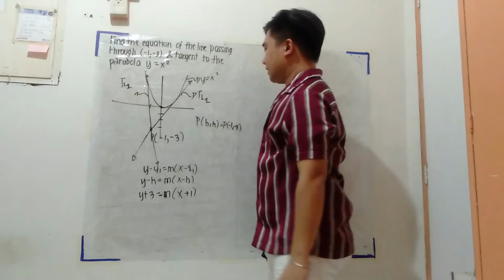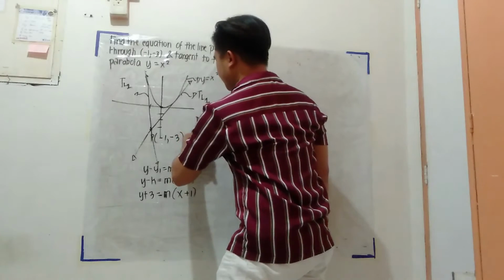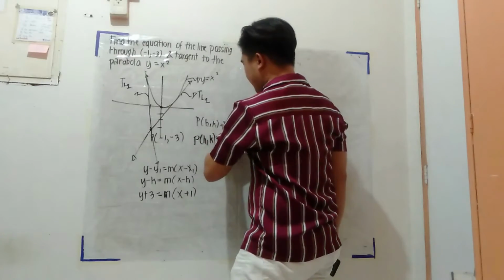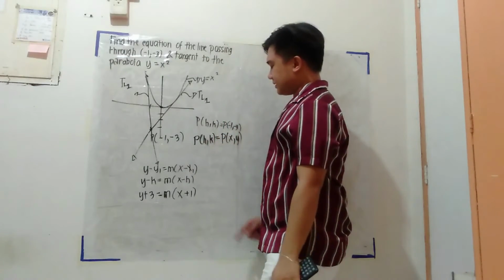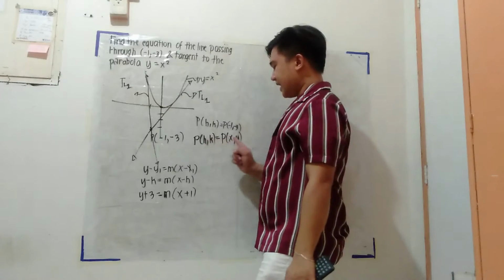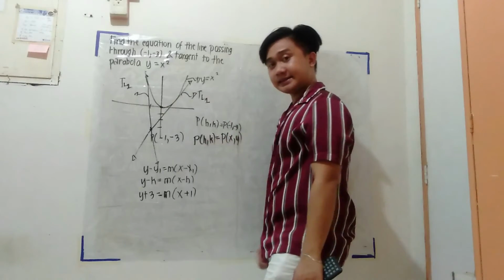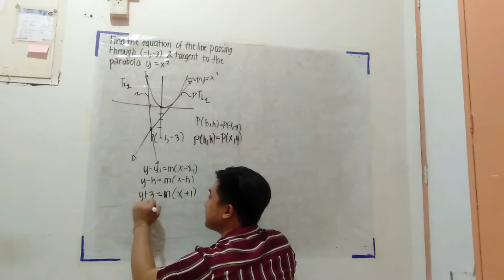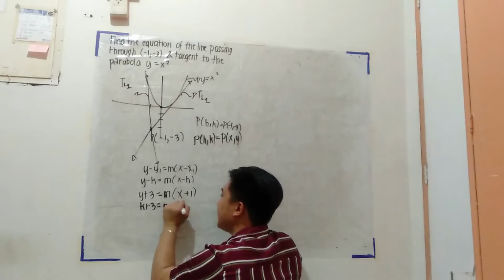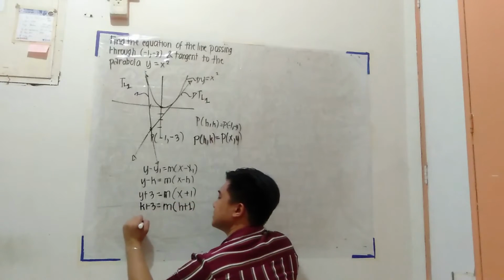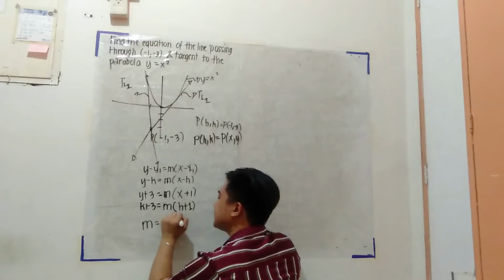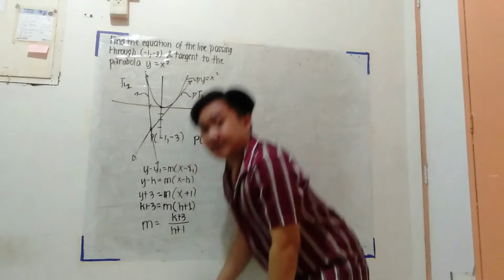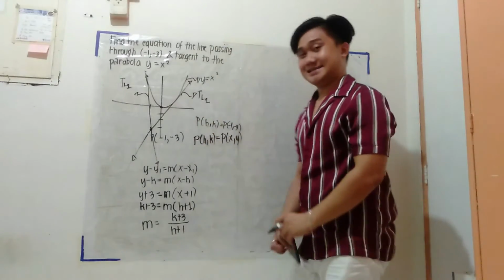Okay? Do not forget na kung binigyan ka ng (h, k), equal lang din naman yan kung (x, y) po yan. Okay? So, si x pala ay pwedeng maging h at si y pala ay pwedeng maging k. Okay? So, this can be written as k plus 3 is equal to m times h plus 1. So, slope is equal to k plus 3 all over h plus 1. Okay guys, medyo mahirap na ba?